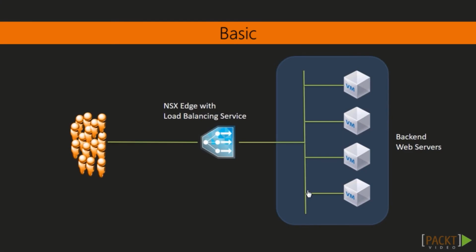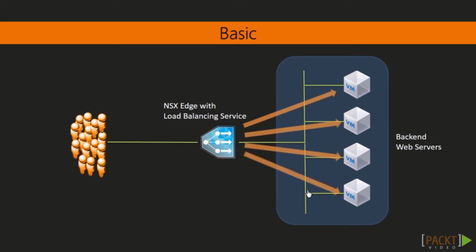We have a group of people accessing a service. This service is load balanced using an NSX edge with a configured load balancing service. So the users access the IP address or the name of the load balancer, and based on the algorithm, the load balancer distributes these sessions across different backend servers.